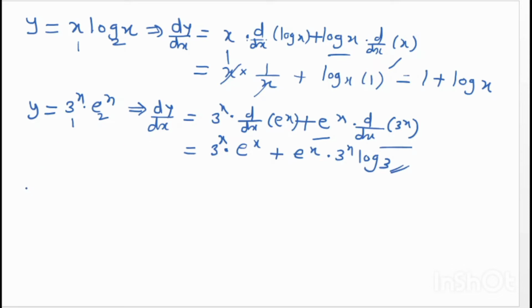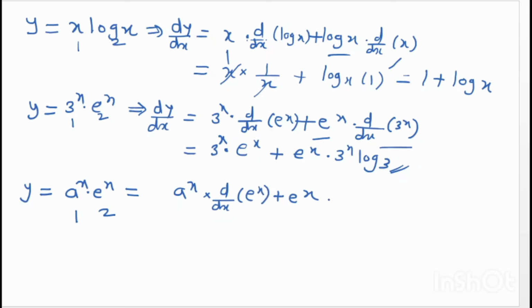So we get the answer. One more example we can solve: y is equal to a raised to x into e raised to x, again similar to that. This is our first and second, and many times this question is asked. So a raised to x, first go first, plus second go second, take the derivative of the remaining term, that is the absent term. Here the absent term is e raised to x, and here the absent term is a raised to x.